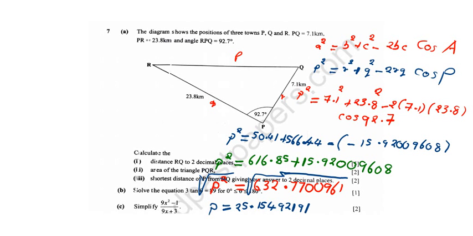So that's my value of P. But they said we leave the answer to 2 decimal places, so you can conclude that RQ is equal to 25.15, which is in kilometers. So that's our RQ.